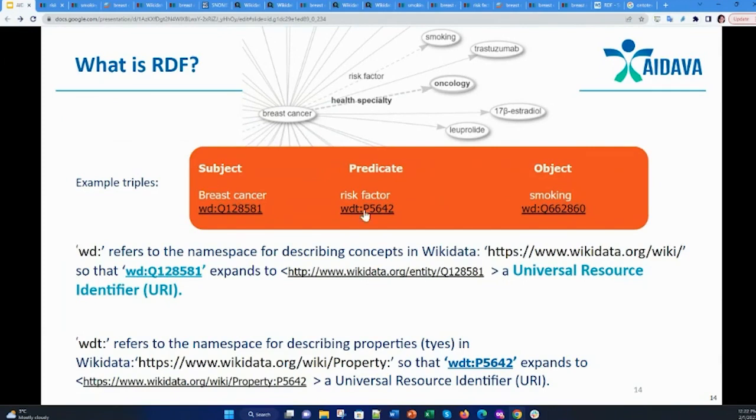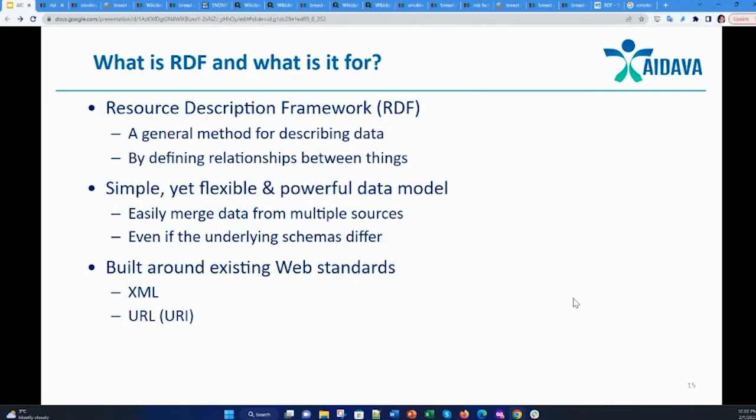Our triple is an ordered triple, starts with subject followed by predicate and object, and it's represented in our case by 3 URIs. This is a general method to describe data and the relations between them.